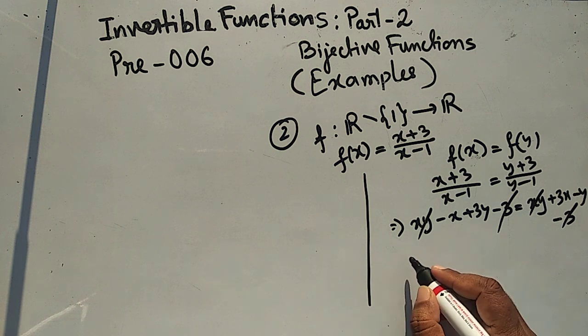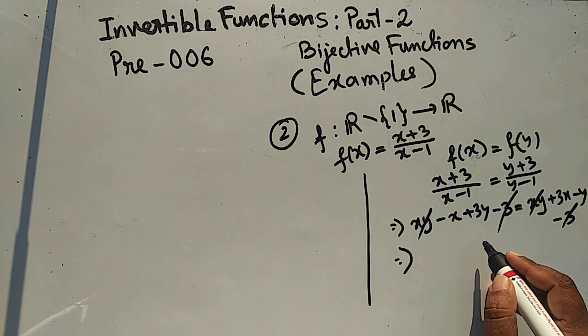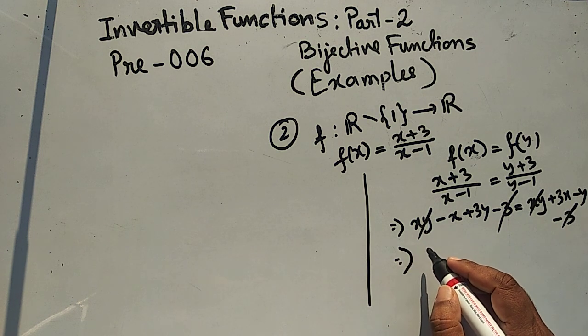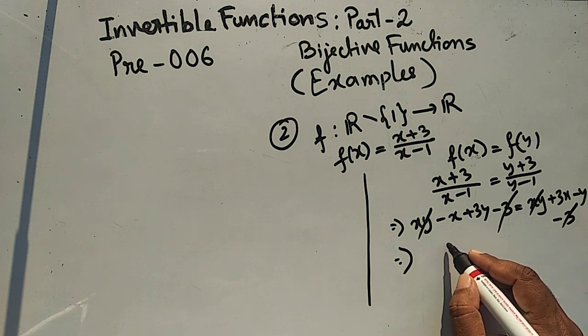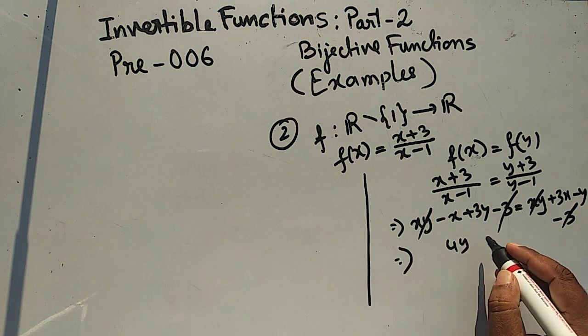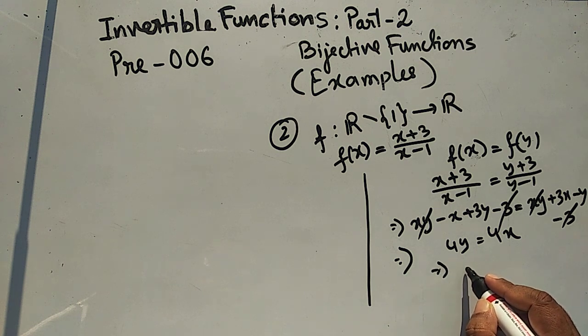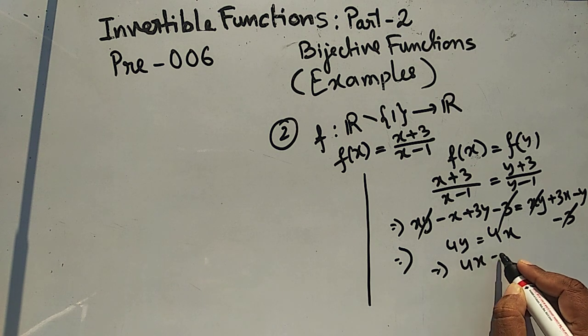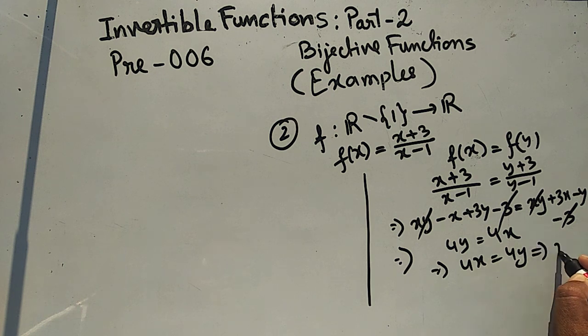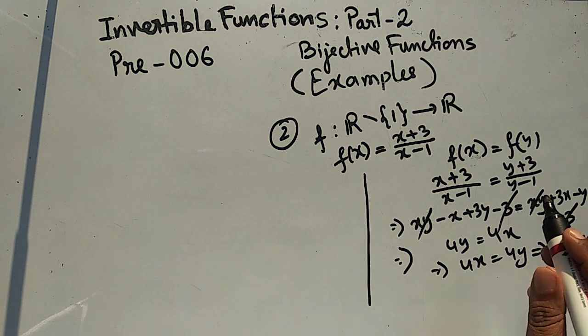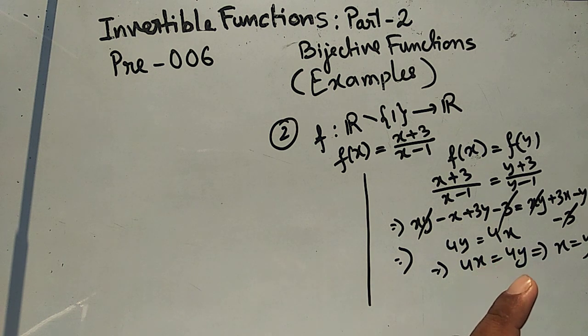So cancelling the parts, we can conclude that 4y is equal to 4x. This implies 4x is equal to 4y. This implies x equal to y. Therefore, the map is one-one.